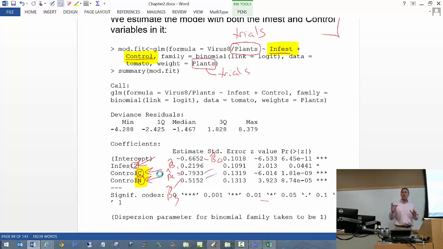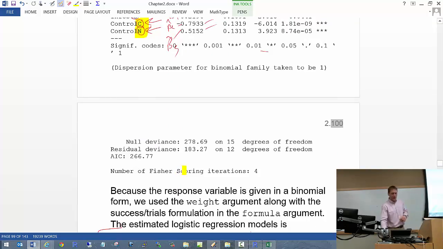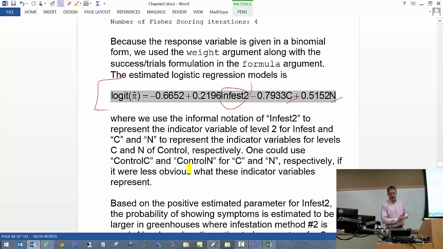And that's going to be very important coming up, because in about 10 seconds, we're going to be talking about interactions. First of all, there's the actual estimated model. So again, notice how we have indicator variables in the model, such as infest2, that correspond to a qualitative variable.